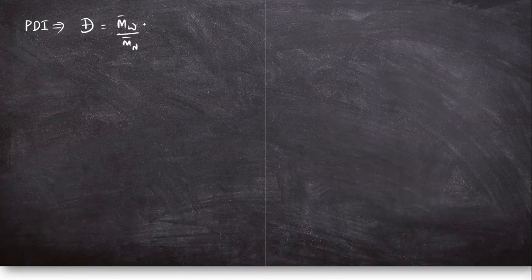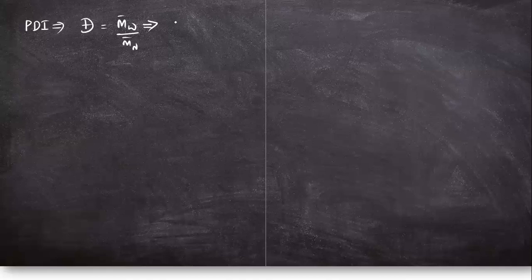So the other method to represent it is weight average molecular mass, M_w, as sum of N M square, whole divided by number average molecular mass, like this.